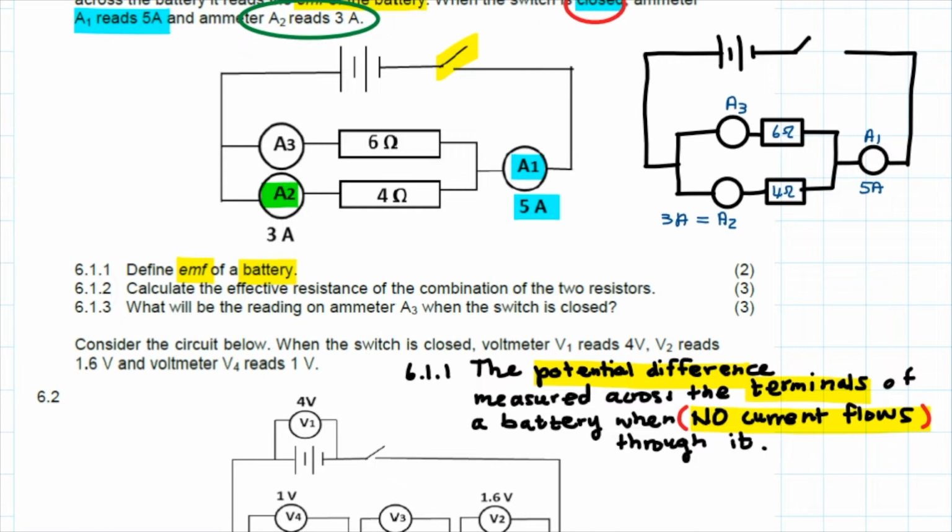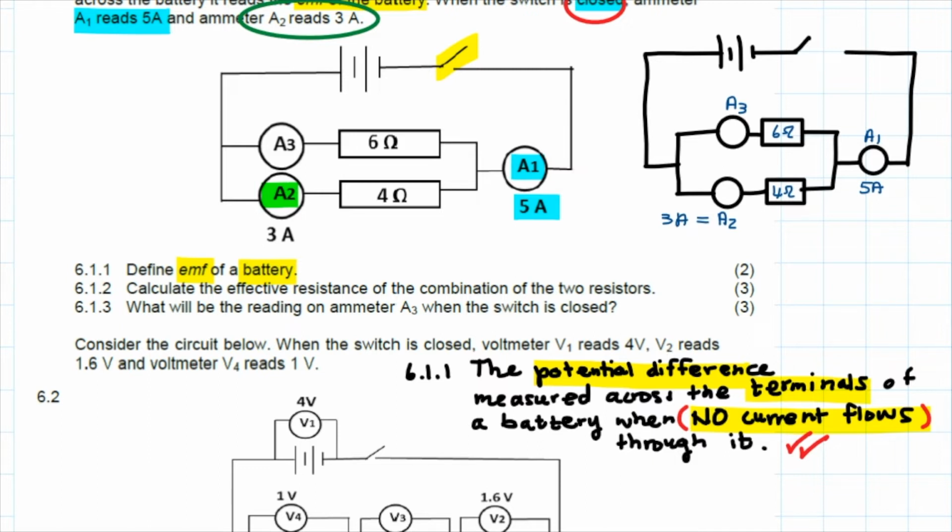Remember, the EMF is the maximum amount of potential difference that the battery has to offer, but it does become less when connected in a closed circuit, because we know now that batteries contain internal resistance. For writing this down, you're going to obtain 2 marks.